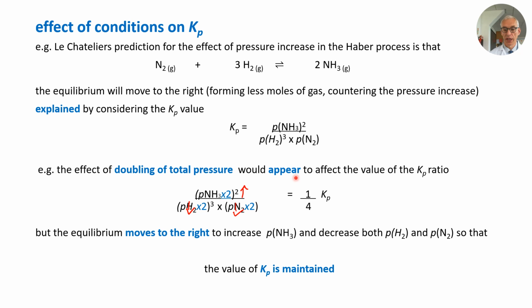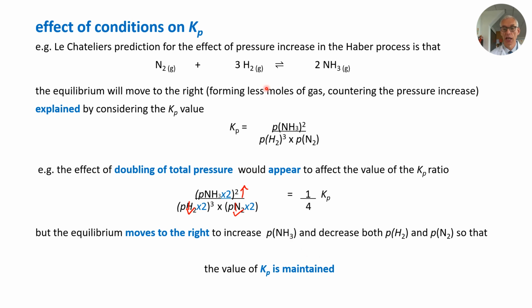So I'll just run through that again. It would appear that doubling the total pressure would change the value of Kp because you're doubling each of the partial pressures, and because we've got different powers raising those partial pressures, the value of Kp would alter. However, the equilibrium adjusts or moves to maintain the value of Kp.